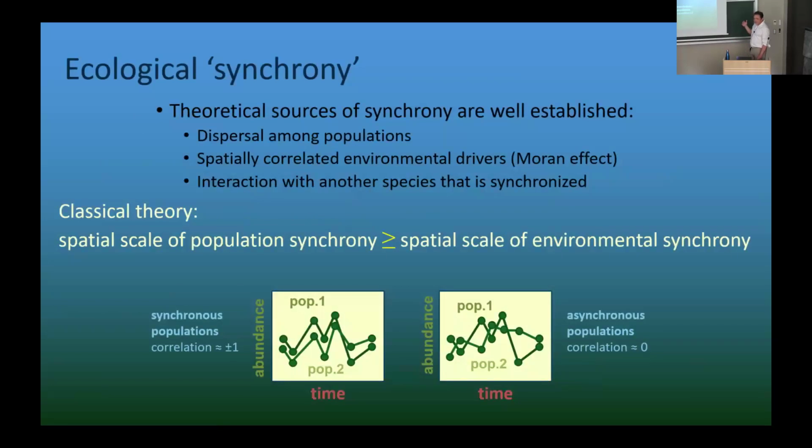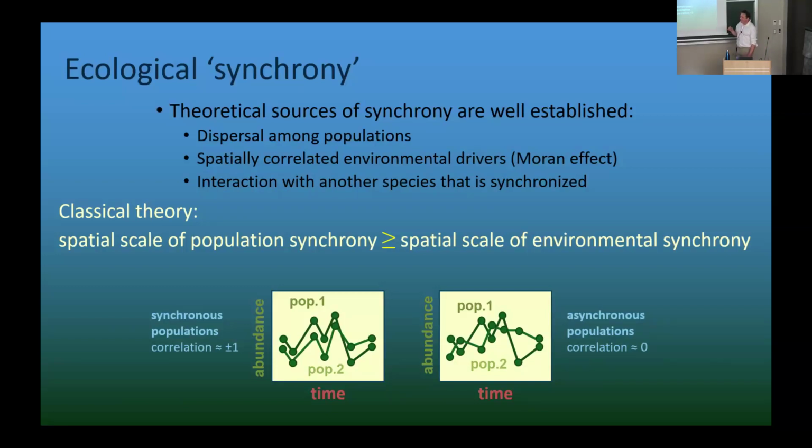Okay, so the theoretical foundations for synchrony in ecology are actually pretty well established. We've been at this for a couple of decades now, like almost 50 years, maybe more. So the conditions required to generate synchrony are that we either have dispersal among populations, or we have some spatially correlated driver, whether that's an environmental driver or some other species that's widely distributed.